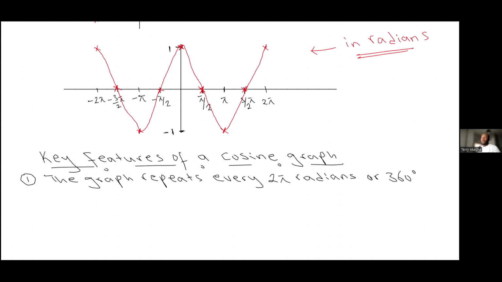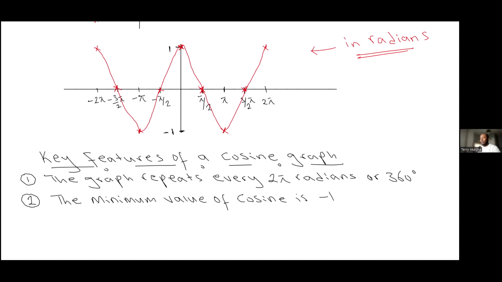Now, also similar to the sine graph, the minimum number you have is -1, and the maximum number you can have in a cosine graph is 1. So number 2, the minimum value of cosine is -1.